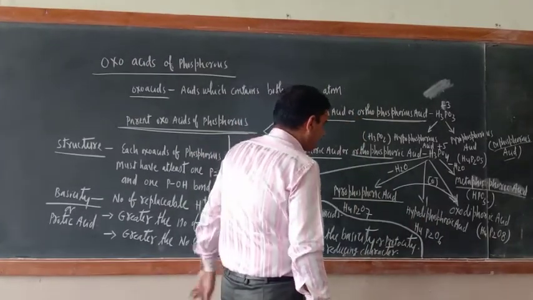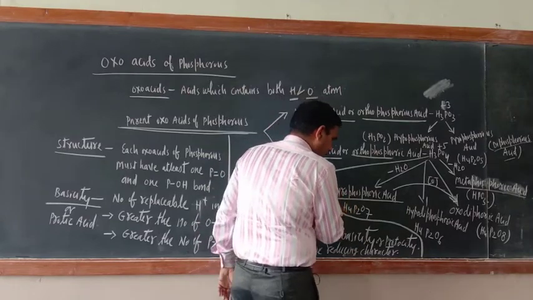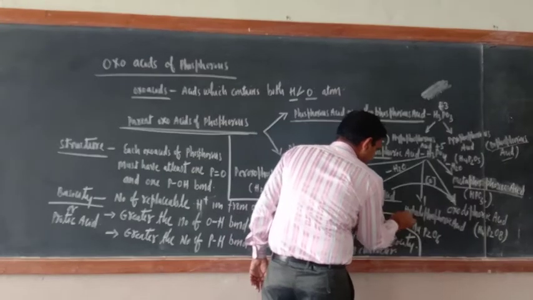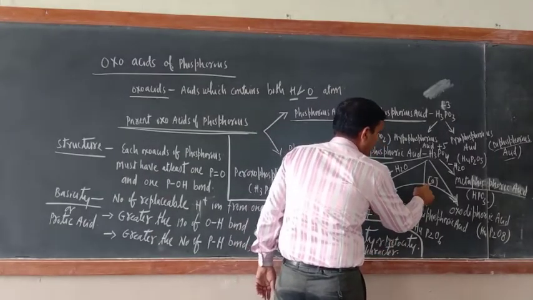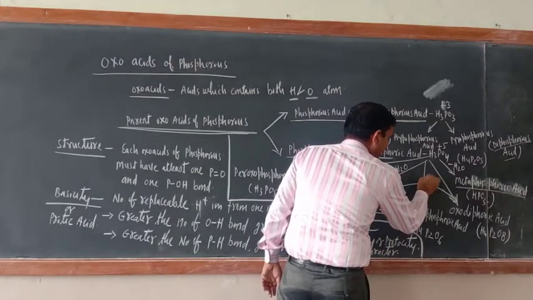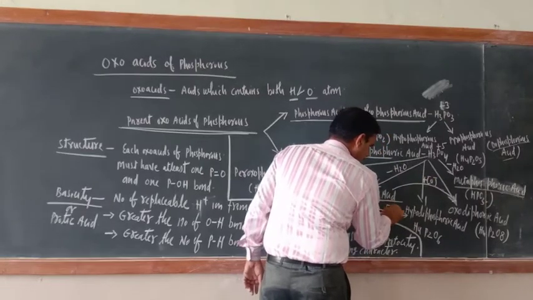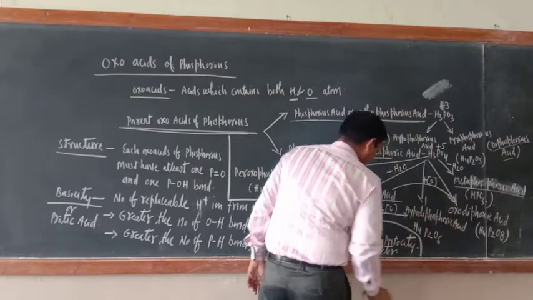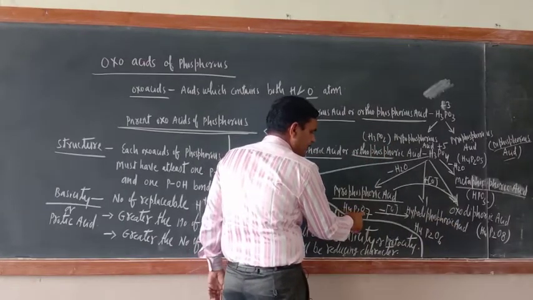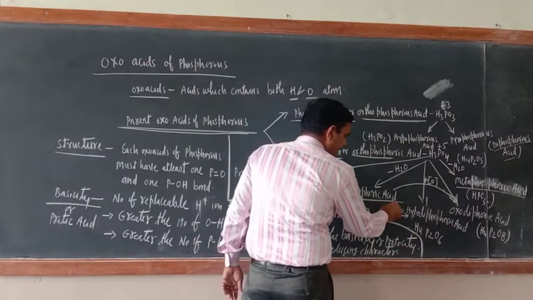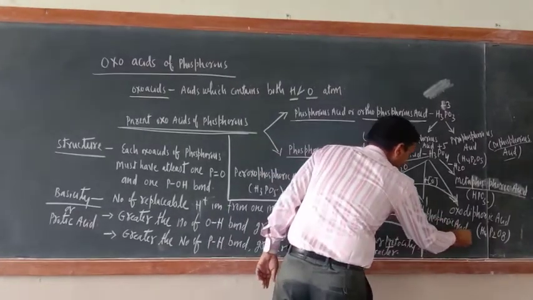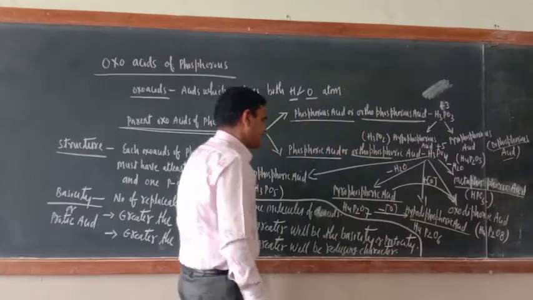Now do one thing, from this pyrophosphoric acid, just remove one oxygen. Here you added one oxygen, here minus one oxygen, so hypodiphosphoric acid. Just see, H4P2O7 is there, just remove one oxygen, so H4P2O6 you will get, hypodiphosphoric acid.